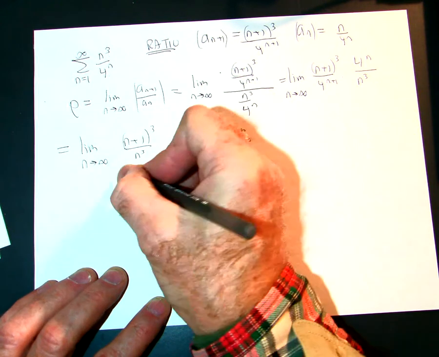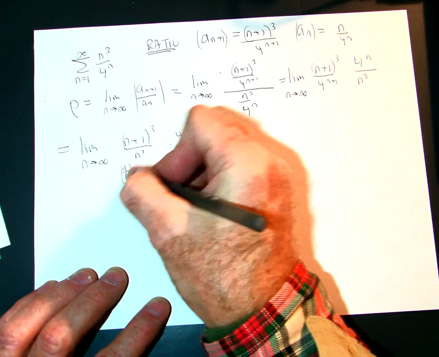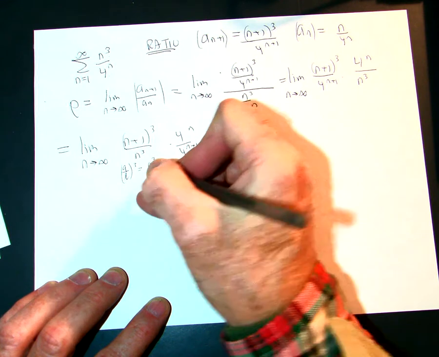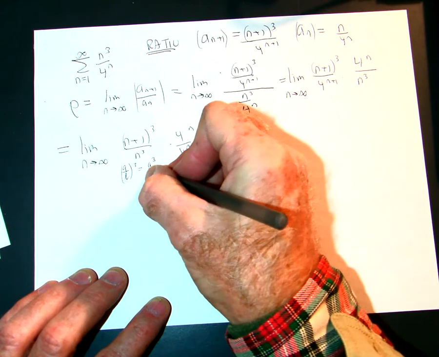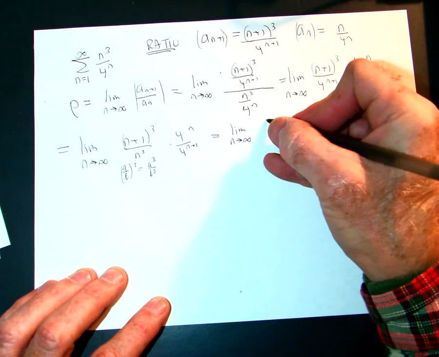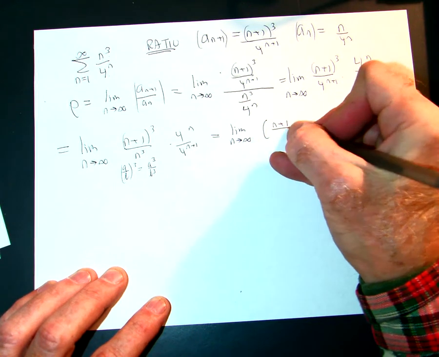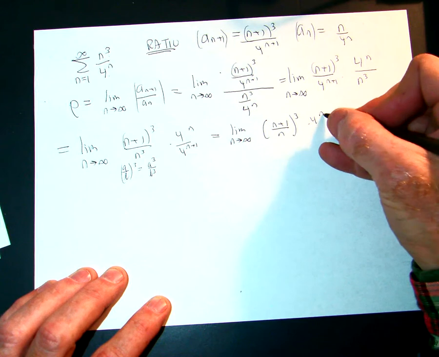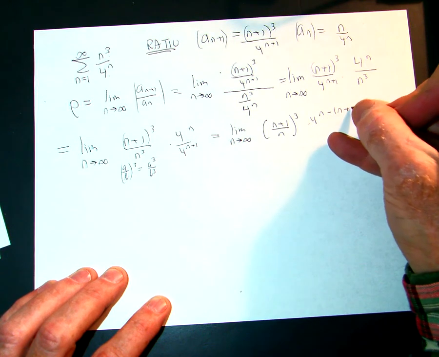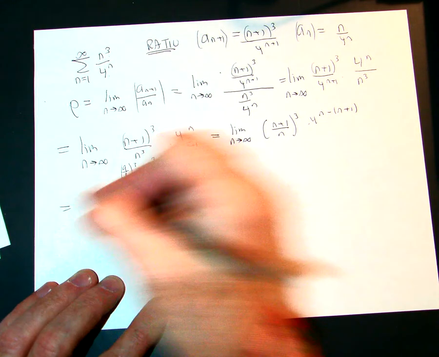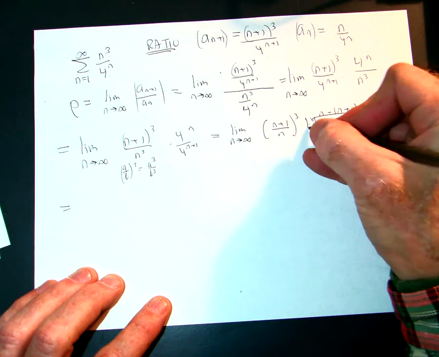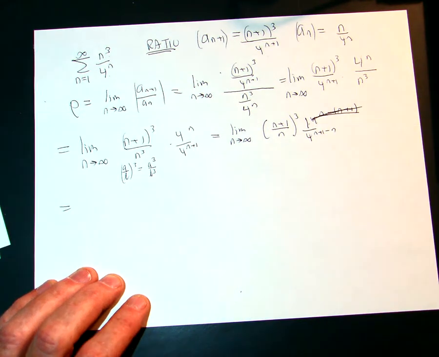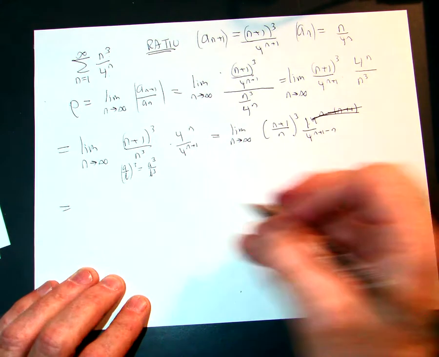Like power, a over b to the 3 equals a cubed over b cubed, so I can write it over a single power, (n+1 over n) cubed. This is going to be 4n minus n plus 1, if you want to do it that way. Actually, I think it makes more sense to do it this way, 4n plus 1 minus n. Just had a stupidity instant there. So in other words, subtract that.